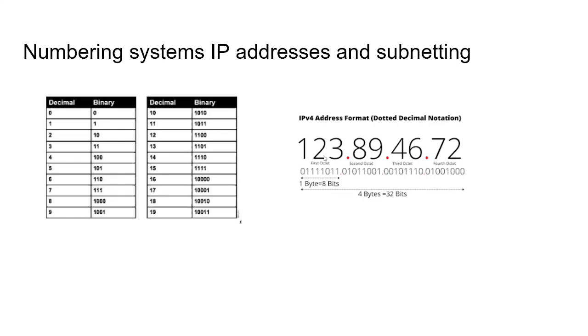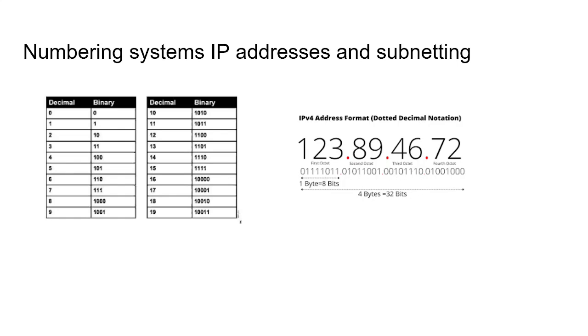They go from 0 to 255 in each octet, and it's 32 bits in total, with 8 bits in each byte. So that's kind of how we learned about that.